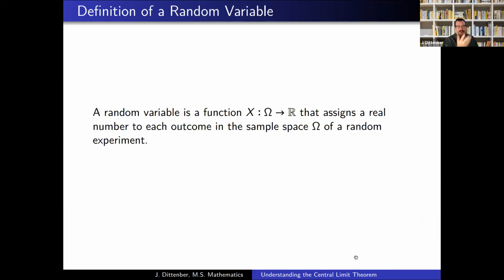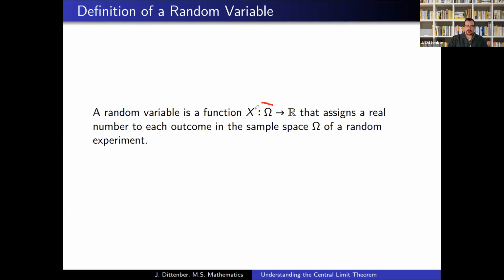So we started by talking about a random variable, right? Because the central limit theorem says that we have a sequence of independent and identically distributed random variables, right? So we have to know what a random variable is. And we said a random variable is a function, or if you like, a mapping.